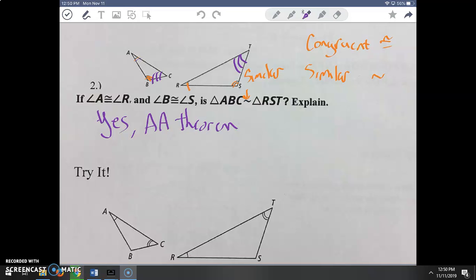Now what you can do as well is set up your ratios or try to find your scale factor. In this situation, you're trying to find RT and AC. To find the scale factor, you would have RS over AB, and K is your scale factor.